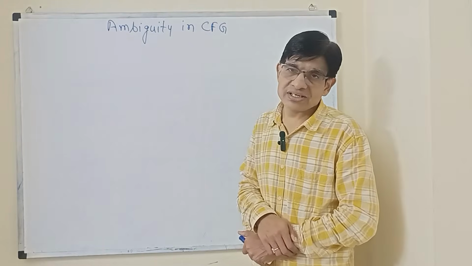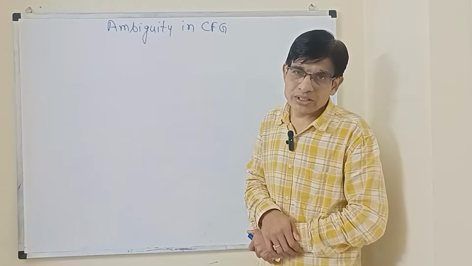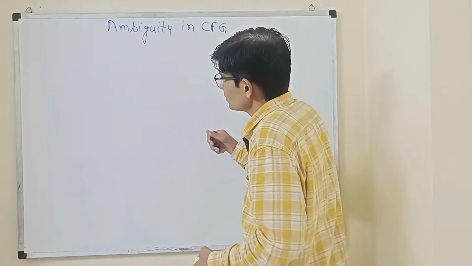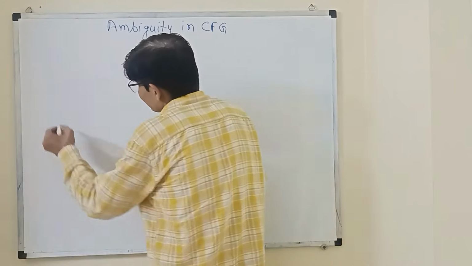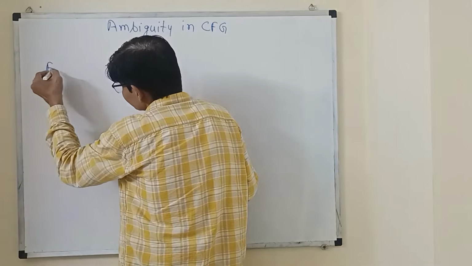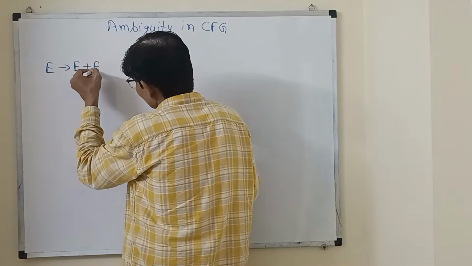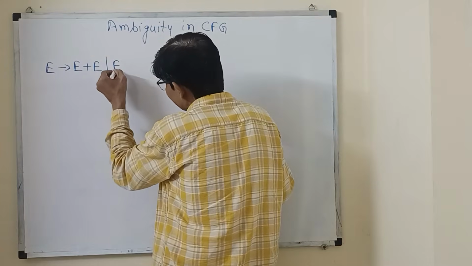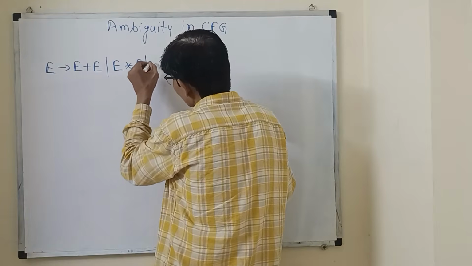Now, I will take one example of ambiguous grammar and I will generate one string from this grammar in two different ways. Here I am taking one example: E gives E plus E, or E cross E, or ID.